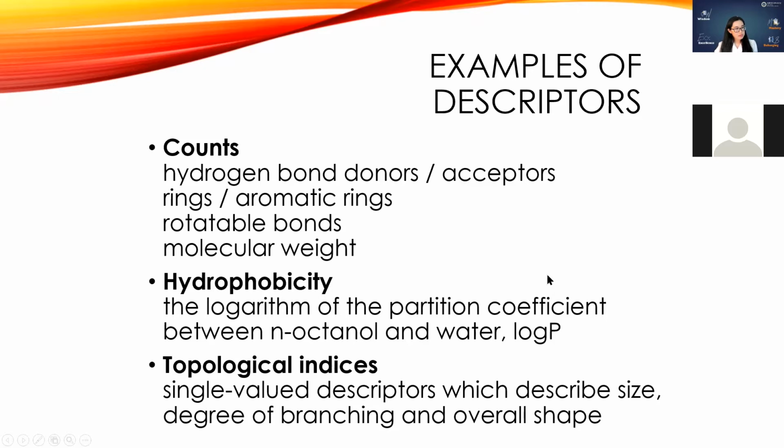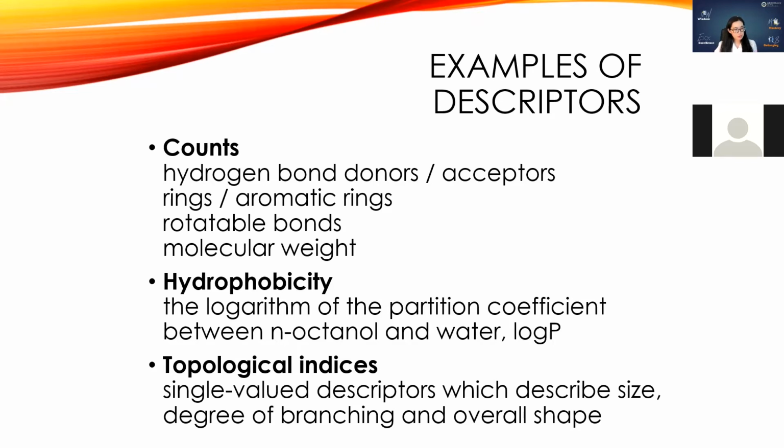There may be counts, such as hydrogen bond donor and acceptor counts, aromatic rings, rotatable bonds, molecular weights. Or there may be hydrophobicity terms, such as the logarithm of the partition coefficient, which is called log P. And there may be topological indices that describe the size: if the size is large, they put large numbers, if the size is small, they put small numbers.